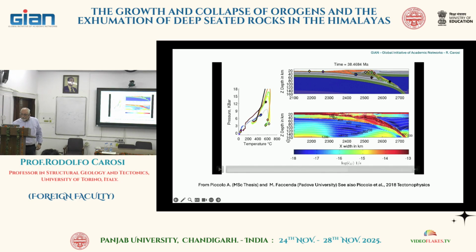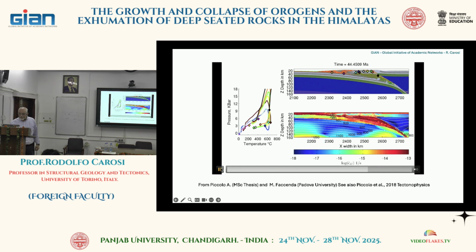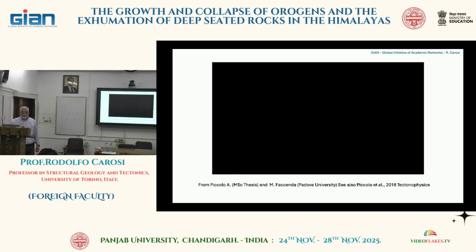So that, this is 80 kilometers, more or less, in this model, but of course it is not the only one. We are interested in trying to think if it is possible to create a different model with respect to the channel flow.